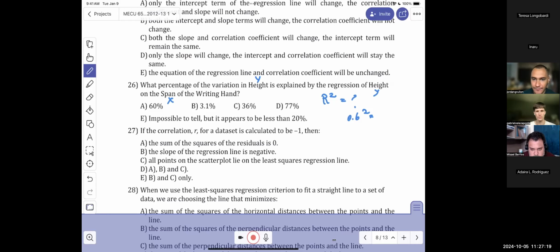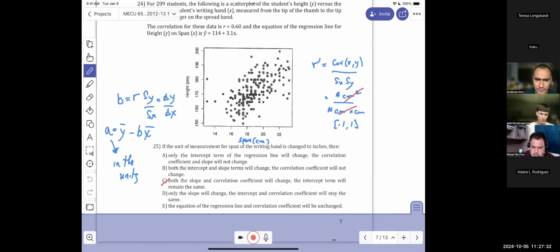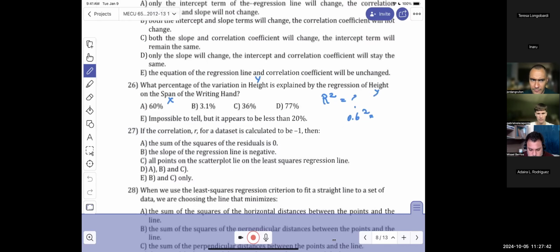Oh, it's none of them. Oh my goodness. It's very rare. Usually the answers are correct. So the correlation is 0.6, 0.6 squared. Oh no, okay, it worked, sorry. I got 0.36. C.